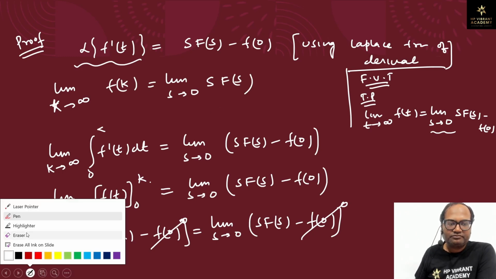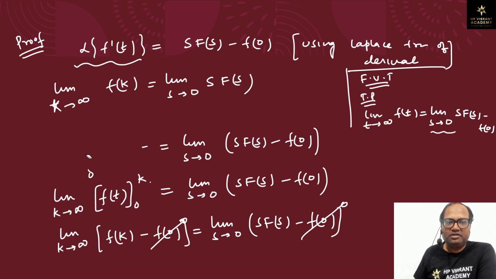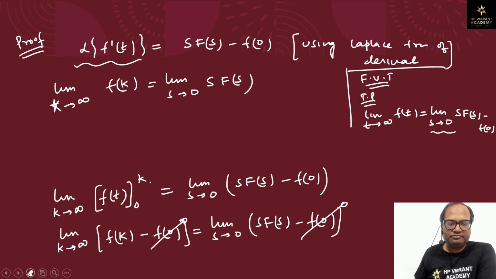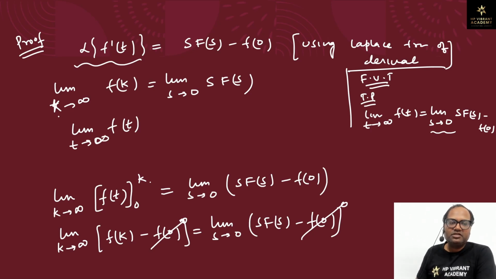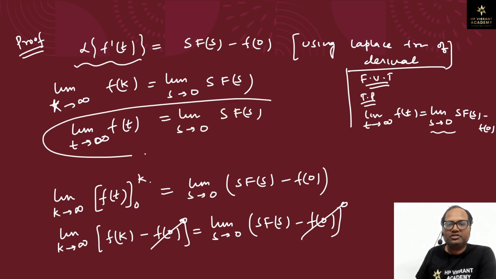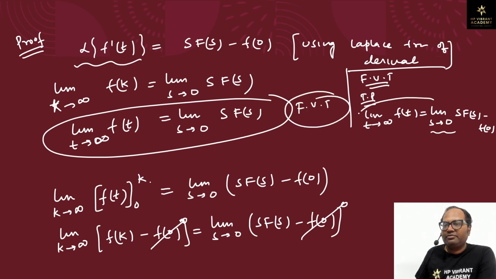Okay, now let us replace k with t. So limit t tends to infinity f of t is equal to limit s tends to 0 sF(s). Okay, this is nothing but the final value theorem. Okay, so this we had to prove.